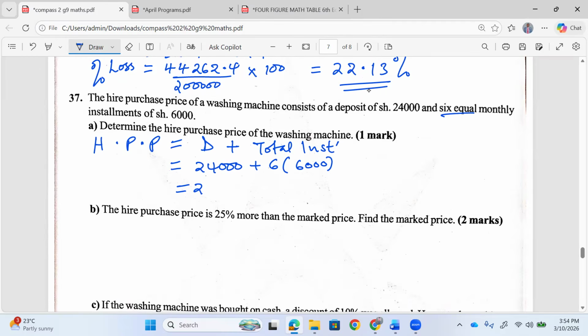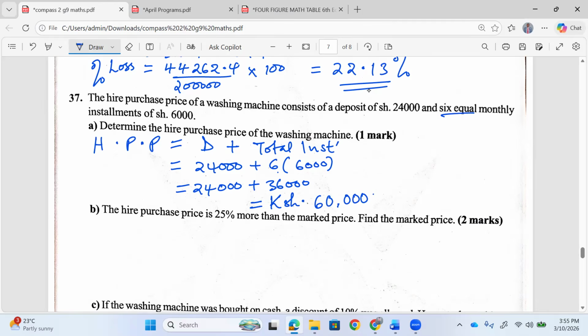So this shall be 24,000 plus 36,000. This is equal to 24 plus 36. Is it 60? You may confirm, 60,000. Therefore, the hire purchase price costs 60,000.